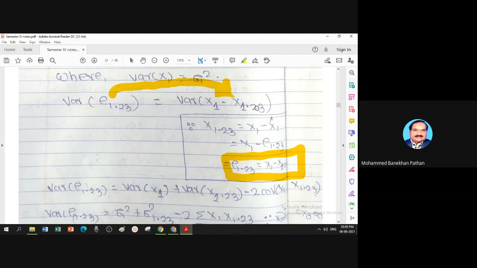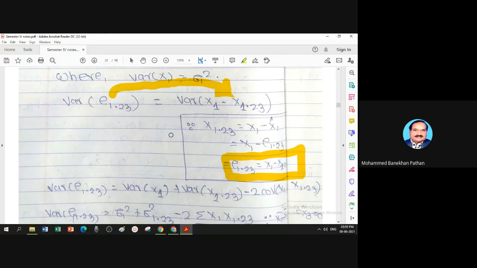Now you can recall the knowledge of first year. If x is one variable, y is another variable, and x, y are not independent, then what is the variance of x plus y? What is the variance of x minus y? We derived this expression, and I recall it again.